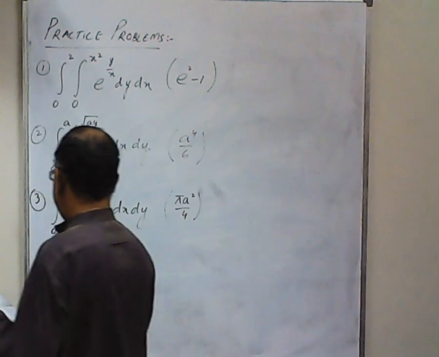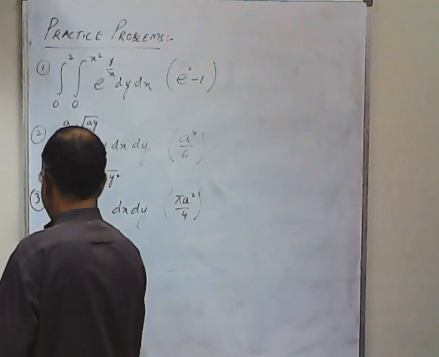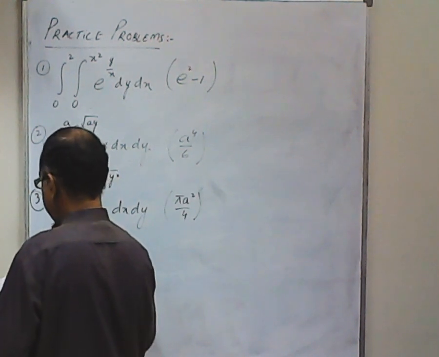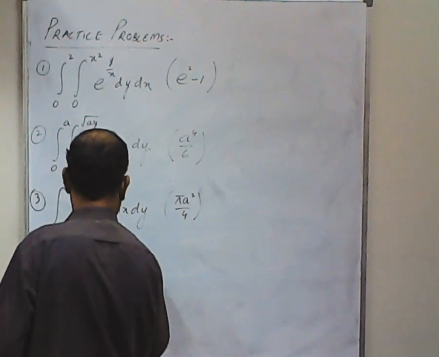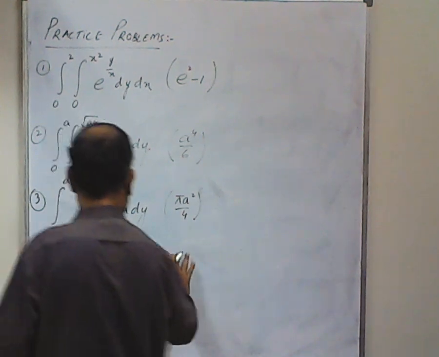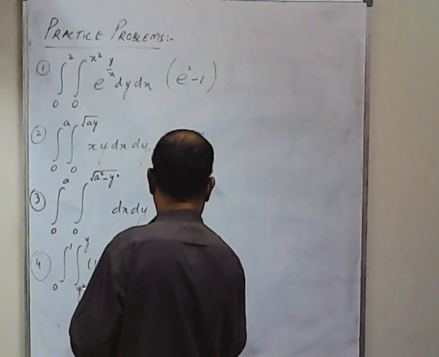Then number 4, we have 0 to 1 and y square to y, and then we have 1 plus x y square dx dy, and the answer is 41 upon 240.